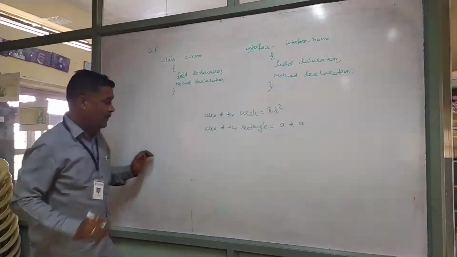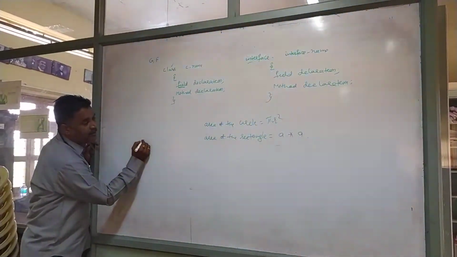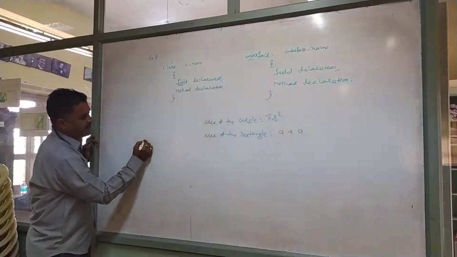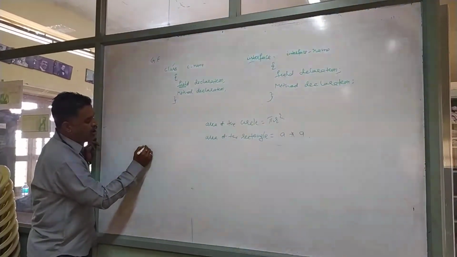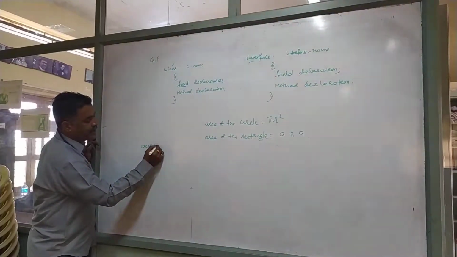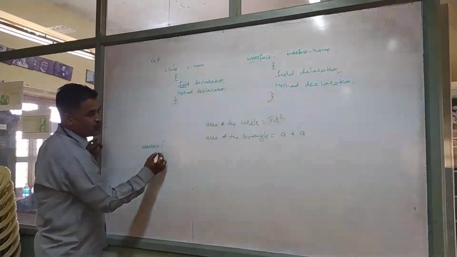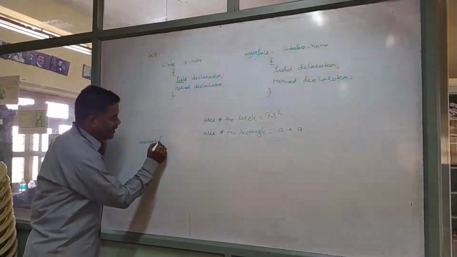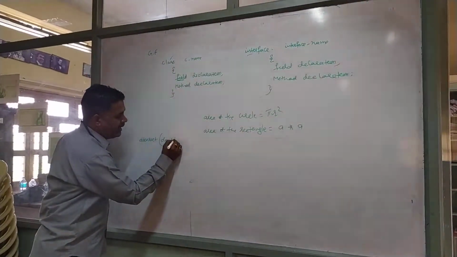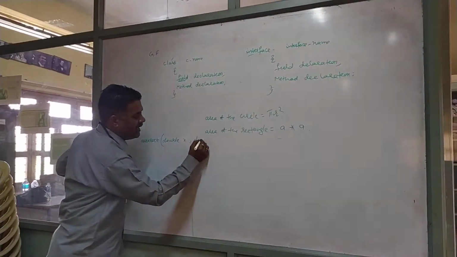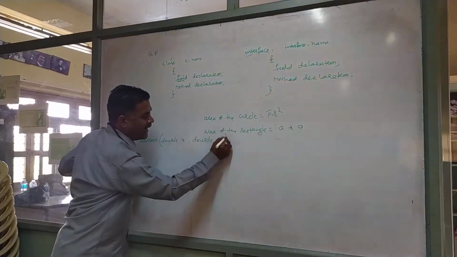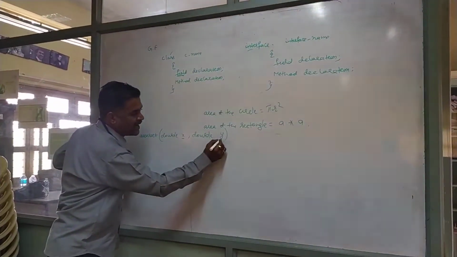But here one method, calculation of area of rectangle, with two parameter definitions: double x, double y. Observe here, these are two parameters.